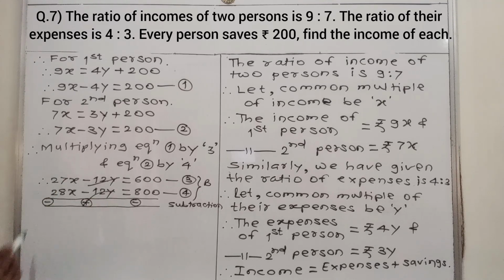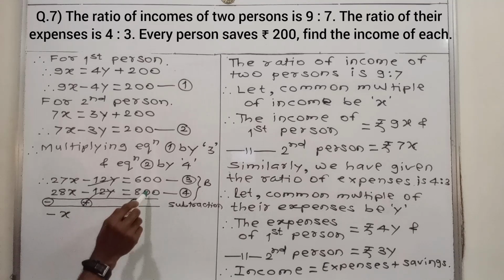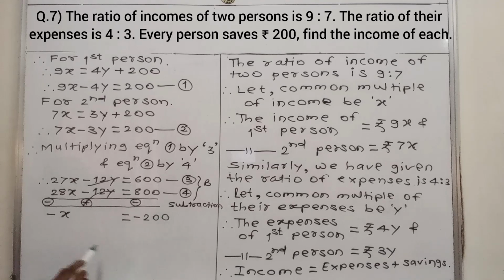Now 27 and 28. 28 is bigger, so we give sign of bigger and subtraction. 1x, or only minus x is equal to 800 minus 600. 800 bigger, give sign of bigger and subtraction. Therefore both negative, no? So it becomes positive. Therefore common multiple of their incomes is 200. x is equal to 200.